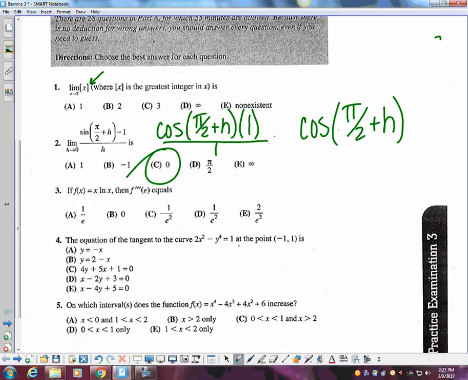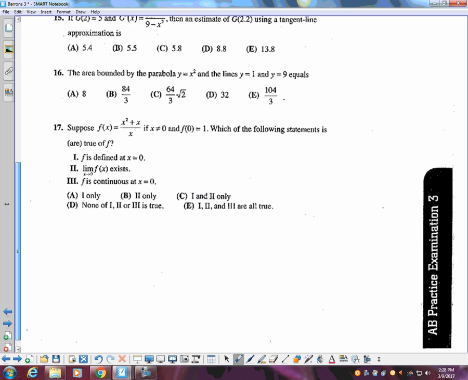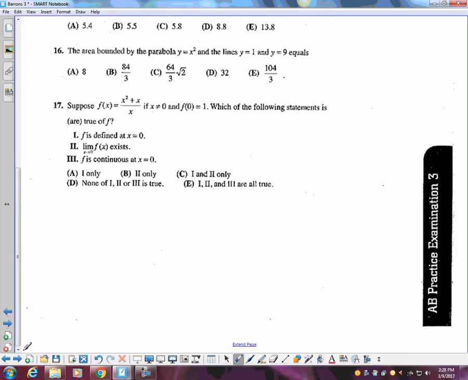All right, where to? 17. Which are we on this one? Okay. 17. What are y'all doing?